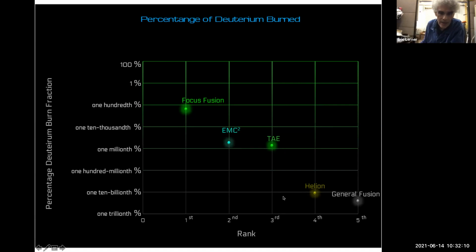And we compare this with the other private efforts that have actually reported fusion. Most of them haven't reported any fusion. And you can see we're about a factor of 100,000 ahead of the best funded private fusion effort, which is TAE, and way ahead of General Fusion.